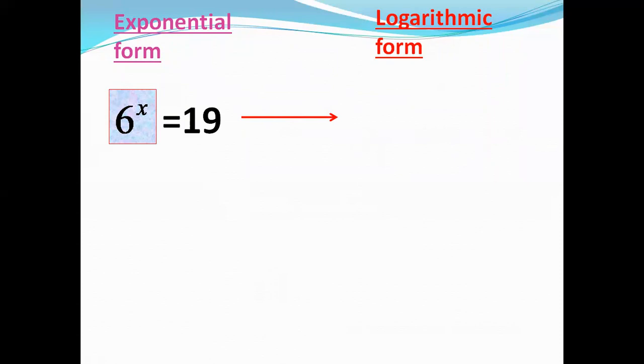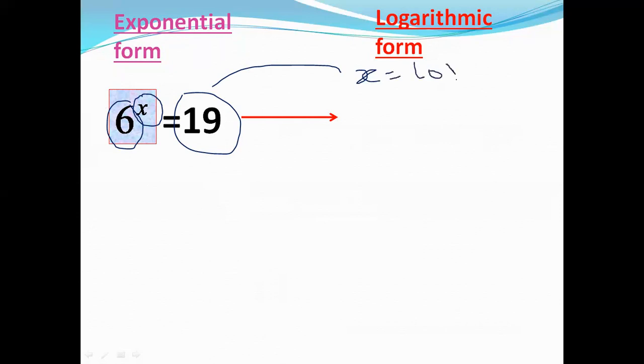So here what is base? 6. What is power? x. What is result? 19. So we have to write this exponential form into logarithmic form. First write power x is equal to log, logarithm of 19 to the base 6.